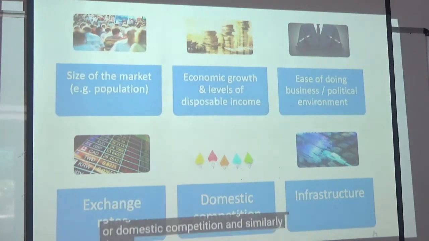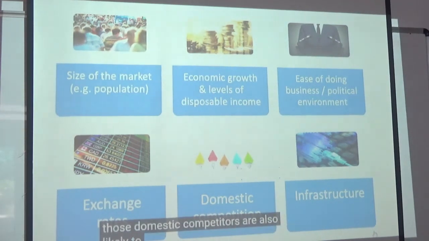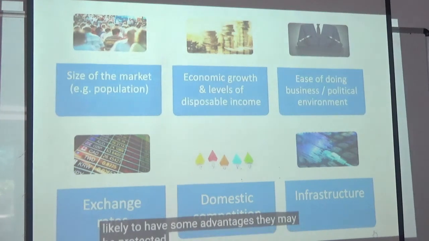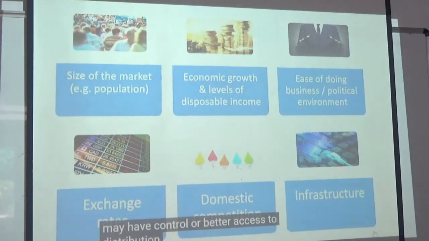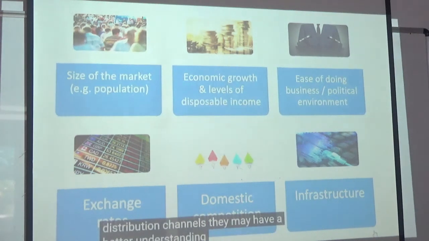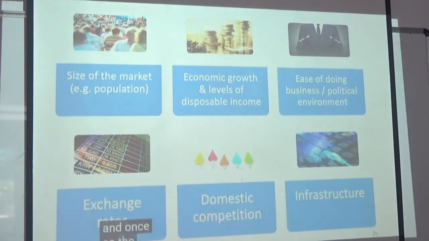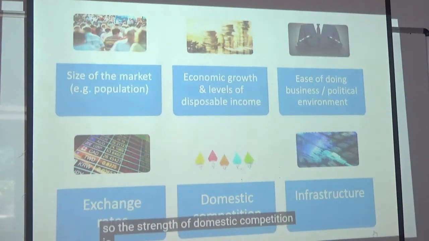And similarly, those domestic competitors are also likely to have some advantages. They may be protected by their government, they may have control or better access to distribution channels, they're likely to have a better understanding of customer needs and wants. So the strength of domestic competition is another key factor.